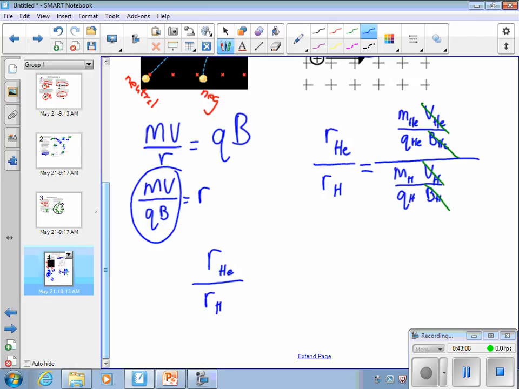How does helium compare to hydrogen? Okay, hydrogen is the first element, helium is the second element, right? So it's the first element, it's got what charge? Positive charge, because it said it's just the nucleus, right? So it's a +1.